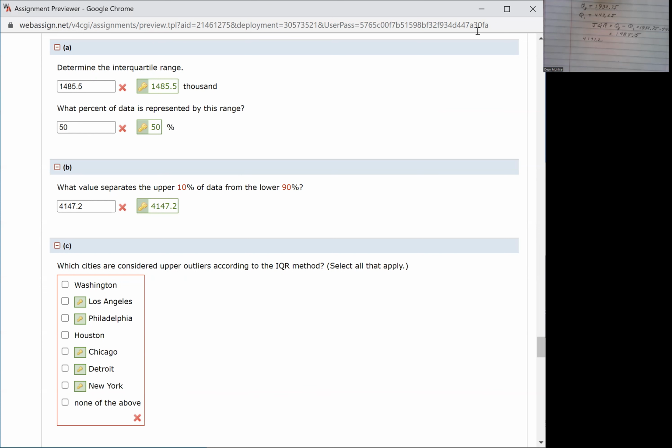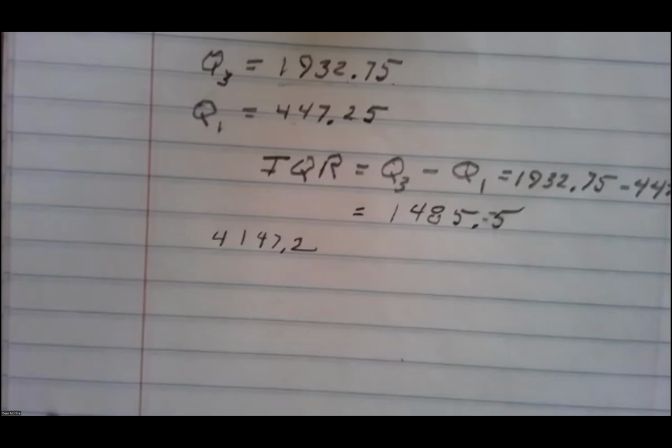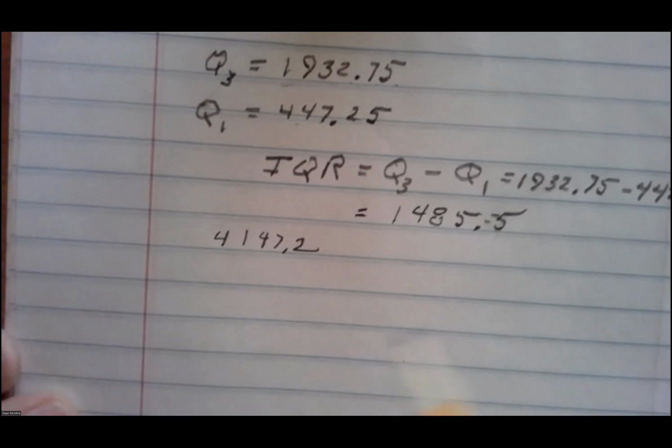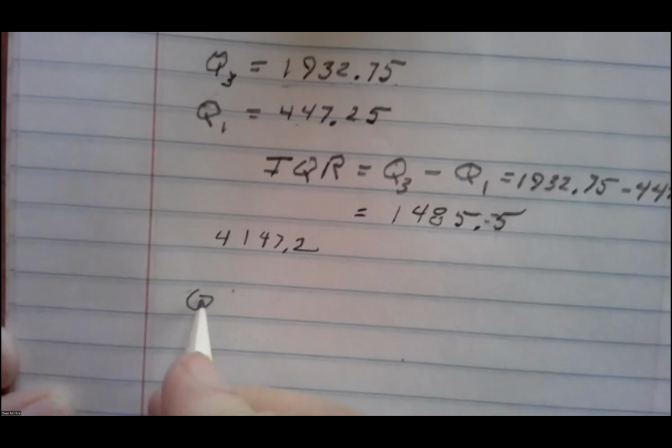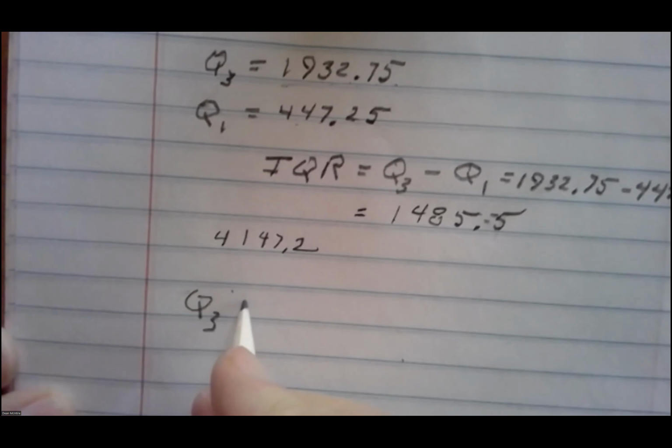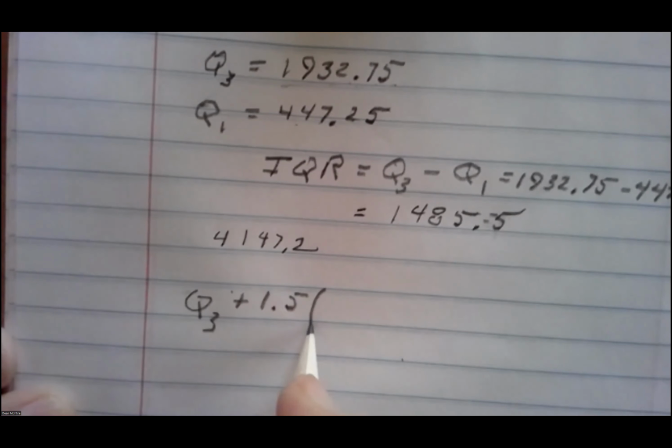So I'll stop the share, and I'll go here. Okay, now we've got everything that's needed right here on this sheet. To find that mark, anything above which is an outlier, we take Q3 and we add to that 1.5 times IQR.